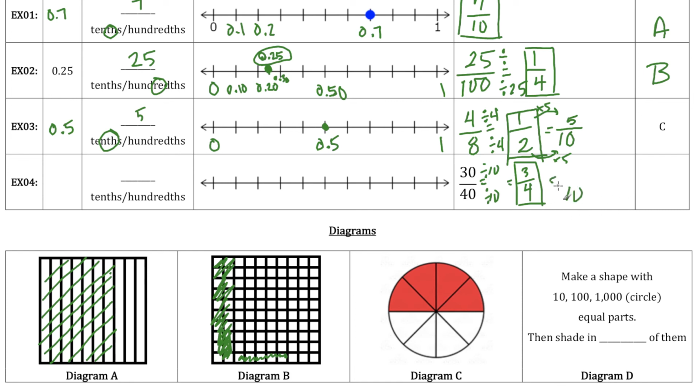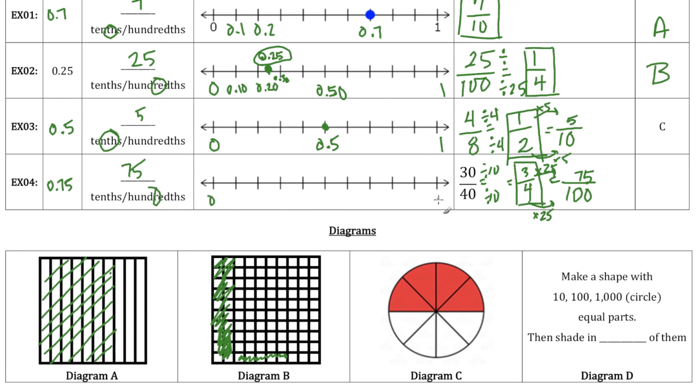So 4 doesn't easily go into 10, but it can go into 100. So that's times 25, times 25. We get 75 hundredths.